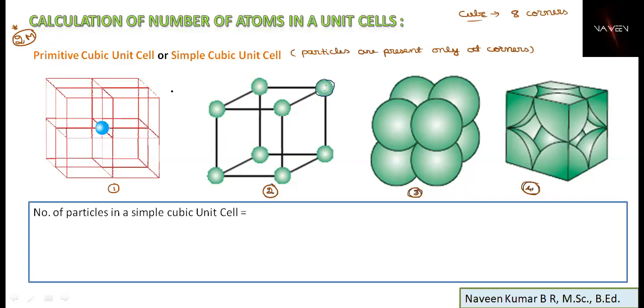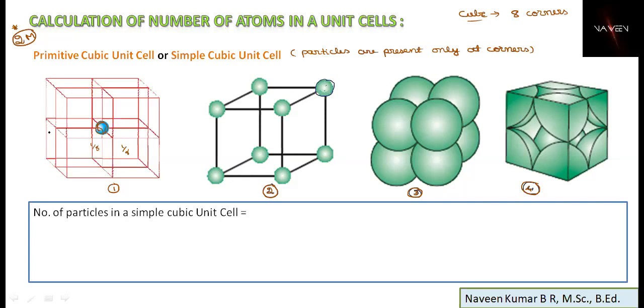Now to understand this, if you look into these 4 diagrams here, the first diagram explains that 8 unit cells are there and there is a particle placed here. How it is shared among the unit cells is mentioned. Now if you divide this sphere into 8 parts, then 1 by 8 part of it belongs to this unit cell, the one towards this side.